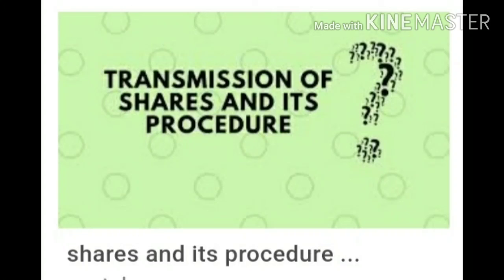B, he may transfer the shares to some other person. Number 4, notification to the company. The legal representative must inform the company about his decision to get himself registered as a member or to transfer the shares to any other person.